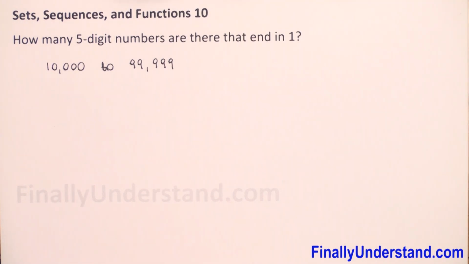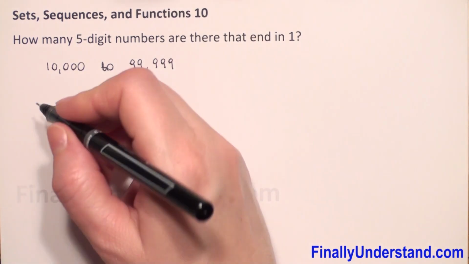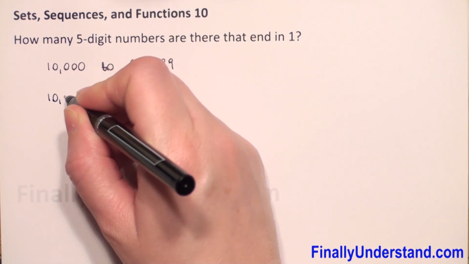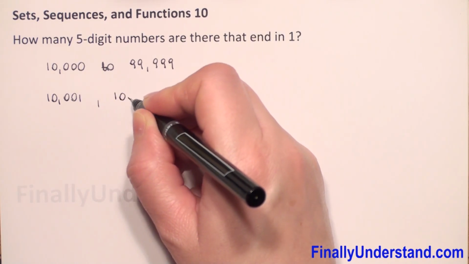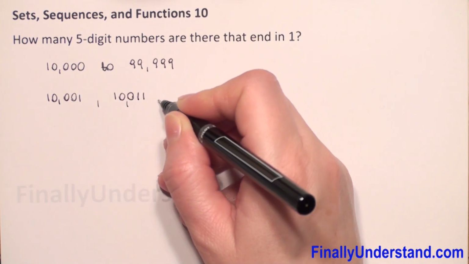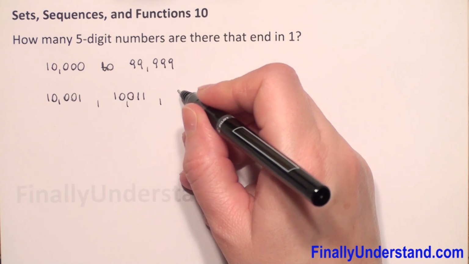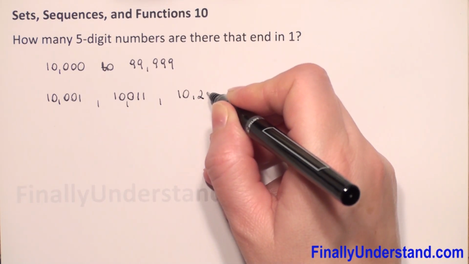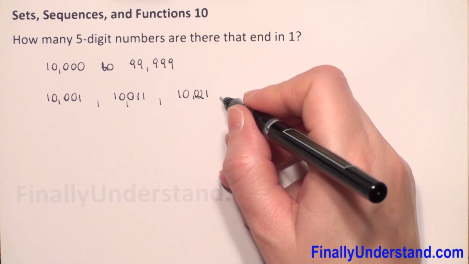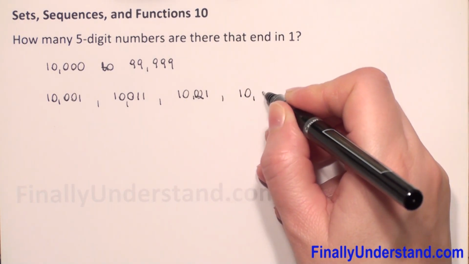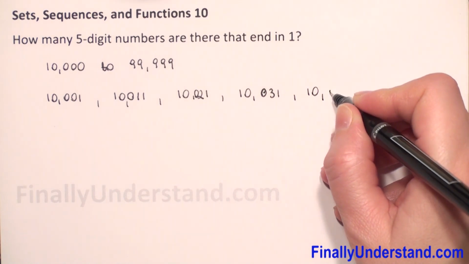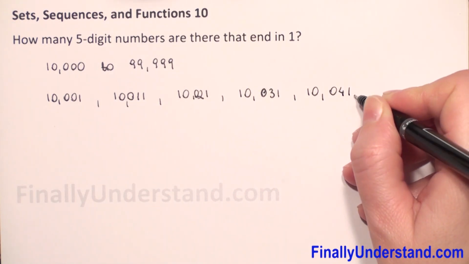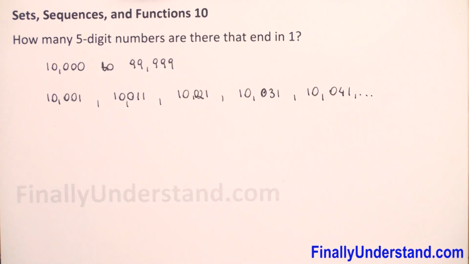The first number that ends in 1 is 10,001. Next will be 10,011. Next will be 10,021. Next will be 10,031. Next, 10,041, and so on. We see that they are spaced by multiples of 10.